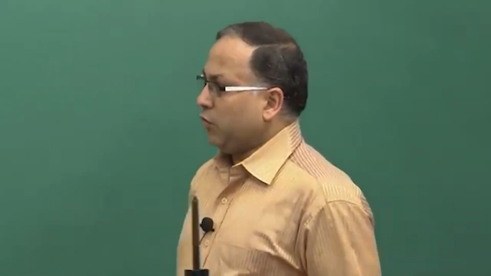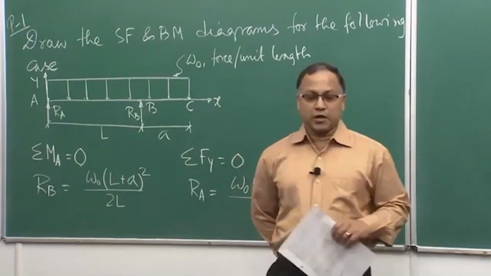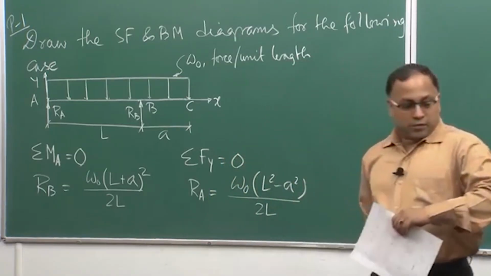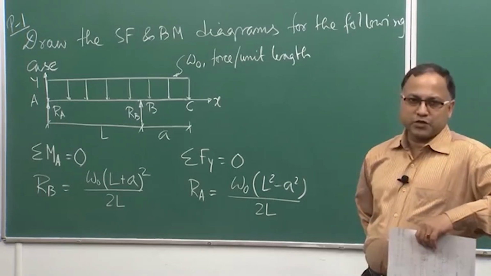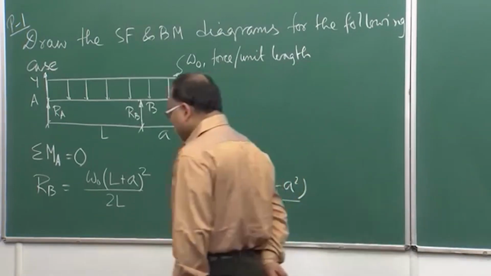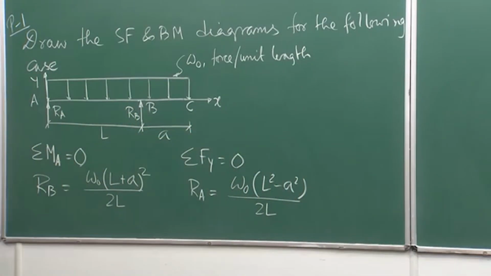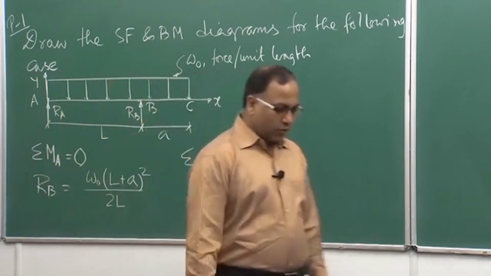Now what is my next step? We will choose a few sections by which we can define the shear force and bending moment expressions for the whole beam. How many minimum sections do we need for this problem?